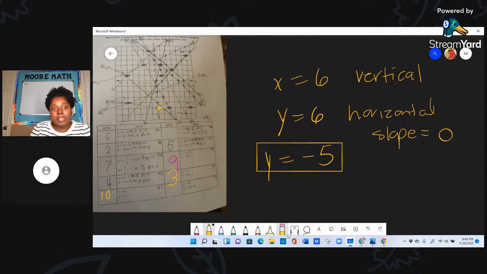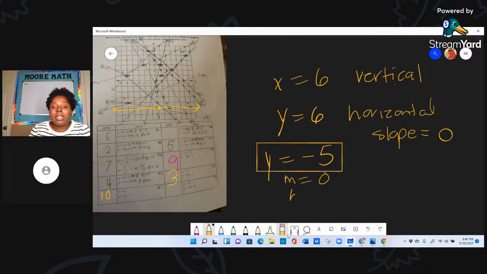If I go to the right, is y -5? Yes. Can I go left? Yes, and y is still -5. So what kind of line did we just make? A horizontal line, and my slope is 0.